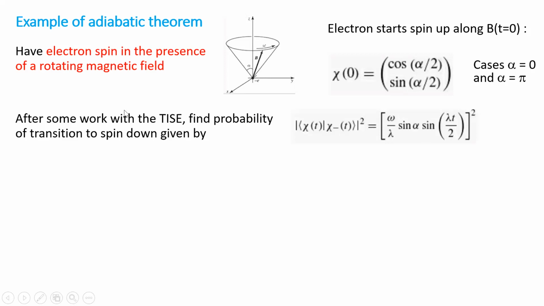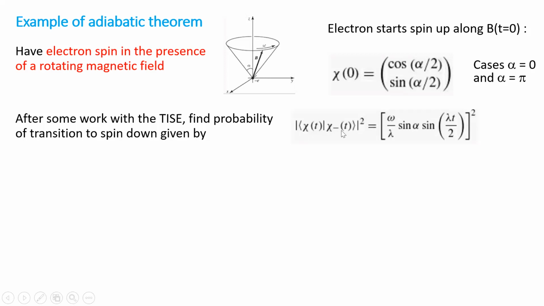Okay, so after some work with the TISE, the time-independent Schrodinger equation, using this interaction between the spin and the rotating magnetic field, we can find the probability of transition to spin down, which you can check in the text, to be given by this.